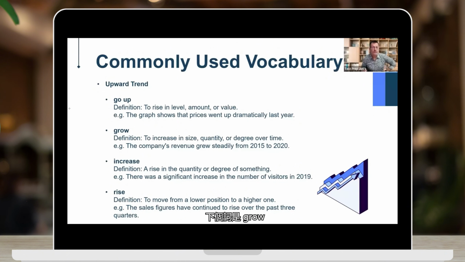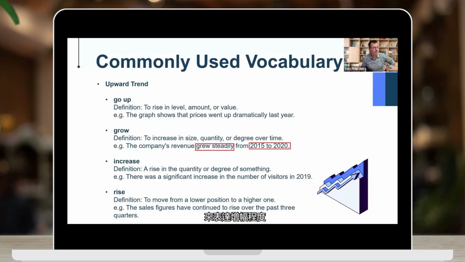The next word is grow, which means to increase in size, quantity, or degree over time. For example, the company's revenue grew steadily from 2015 to 2020. Notice, as usual, when we use the verb grow, we modify it with an adverb.